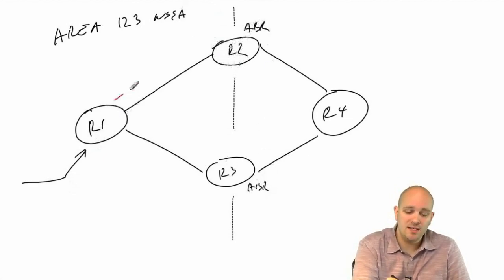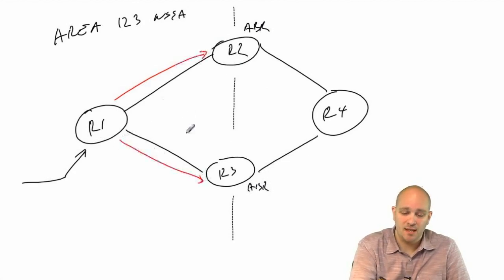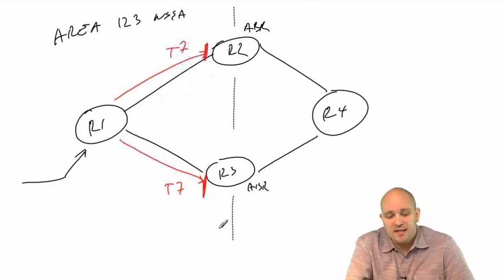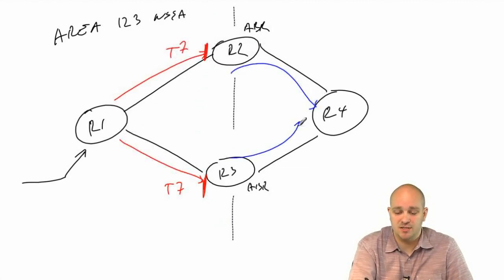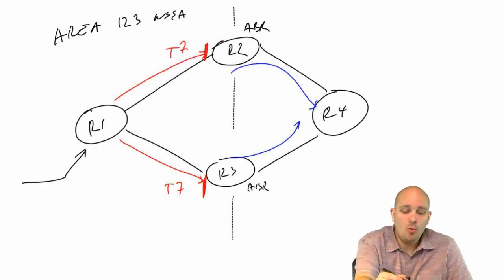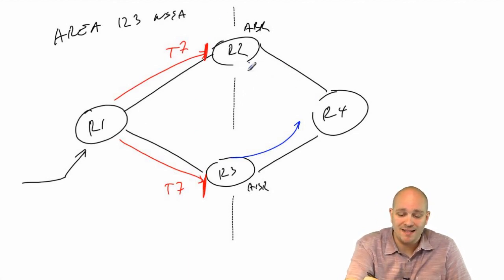Now, when this type 7 LSA is learned by R2 and R3, you would think that both of them would actually provide the translation service. They won't. Only one of them will translate, and that is going to be dependent on the router ID.